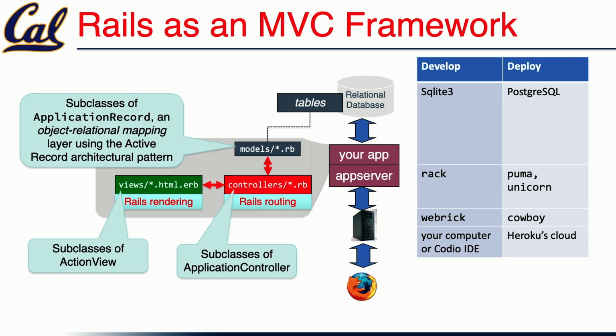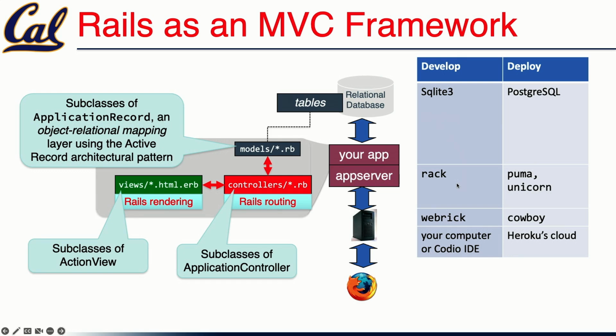And by the way, we said that the framework reifies any number of things about how model-view-controller is actually implemented. That was just the software organization. What about where all of this stuff runs? Well, if you're developing on your local computer or in Codio or another IDE, the database you're using is probably the very simple SQLite3, which is fine for development and testing.